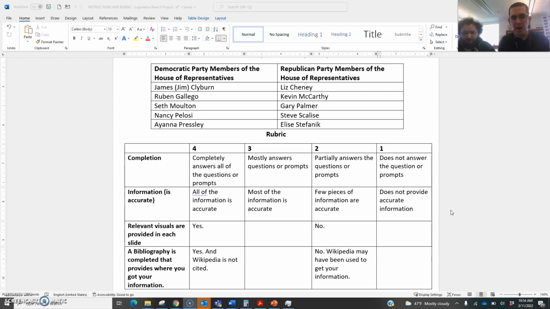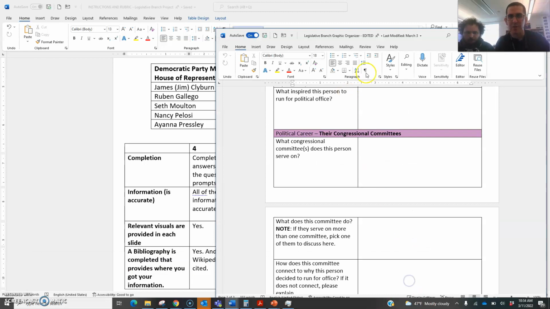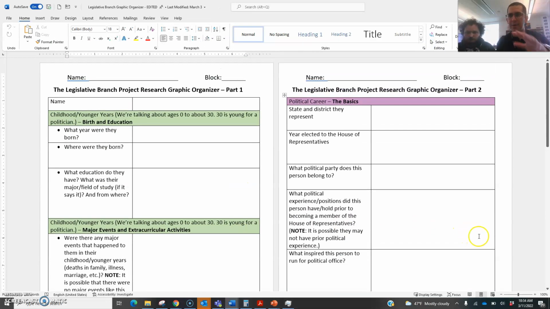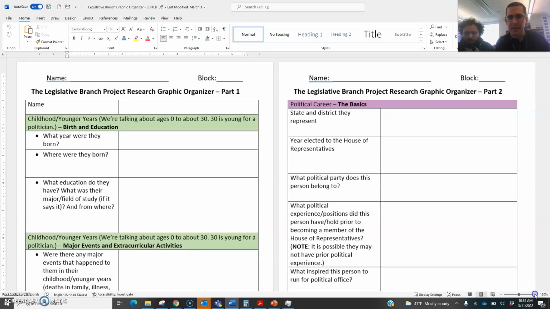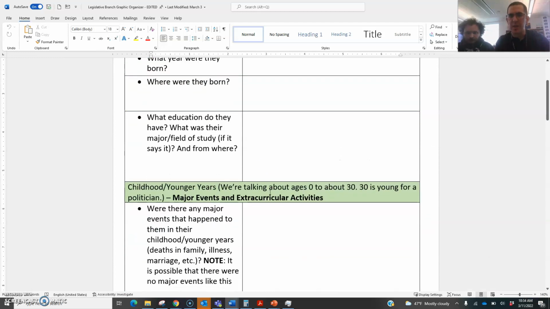All right, so just going to pull up, for example, the graphic organizer. You can see over here, the graphic organizer. It's 3 sides or 3 pages. You can see if we go through, you can just see the childhood and younger years.